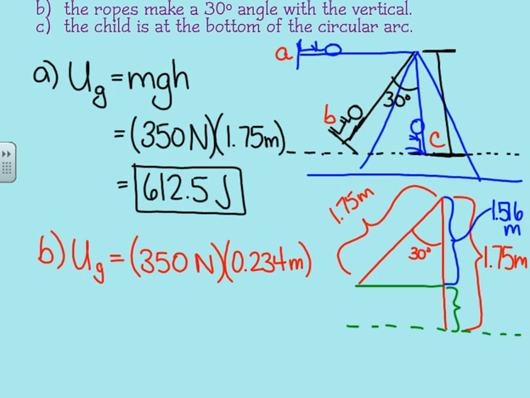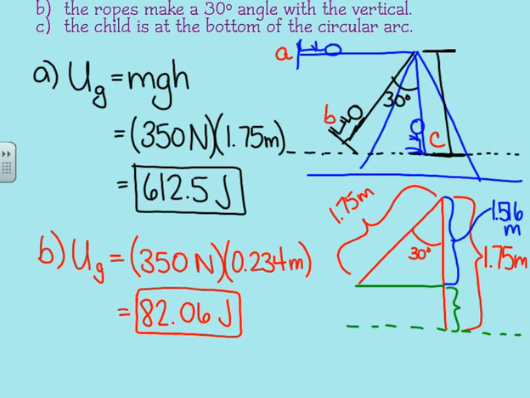When I multiply 0.234 times 350, I get a potential energy of 82.06 joules. So that's my answer to part B. In part C, our swing is located at the reference level.